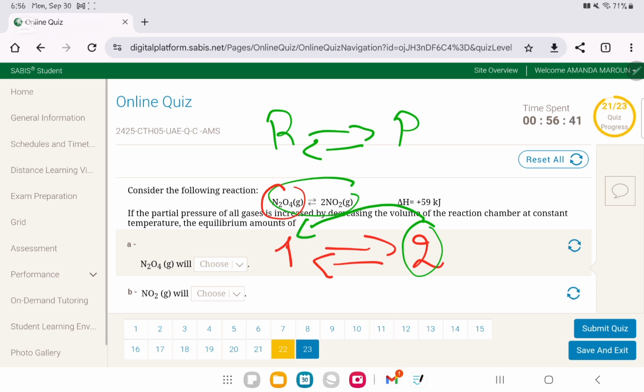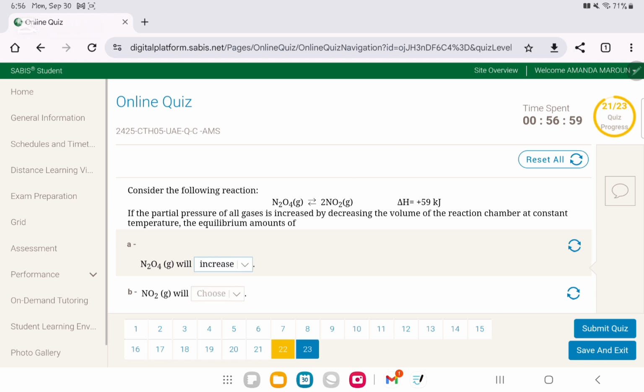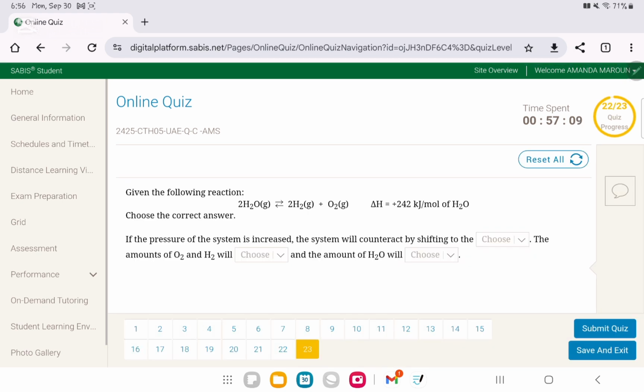The bigger number will give to the smaller number. So the products are giving to the reactants. This is a backward reaction. Now, definitely, since N2O4 is the reactant, its concentration will increase because the NO2 is given to it. And since the NO2 is giving to the N2O4, its concentration will decrease. It's very logical, this chapter.